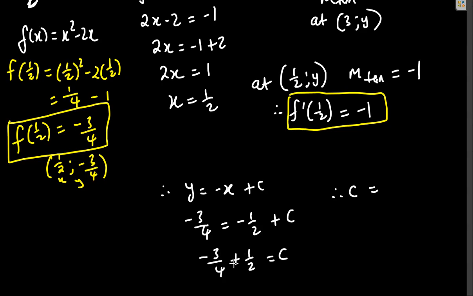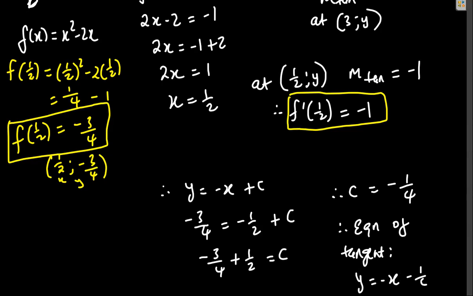So -3 plus 2 is -1, so we have -1/4. Therefore the equation of the tangent should be y is equal to -x minus 1/4.